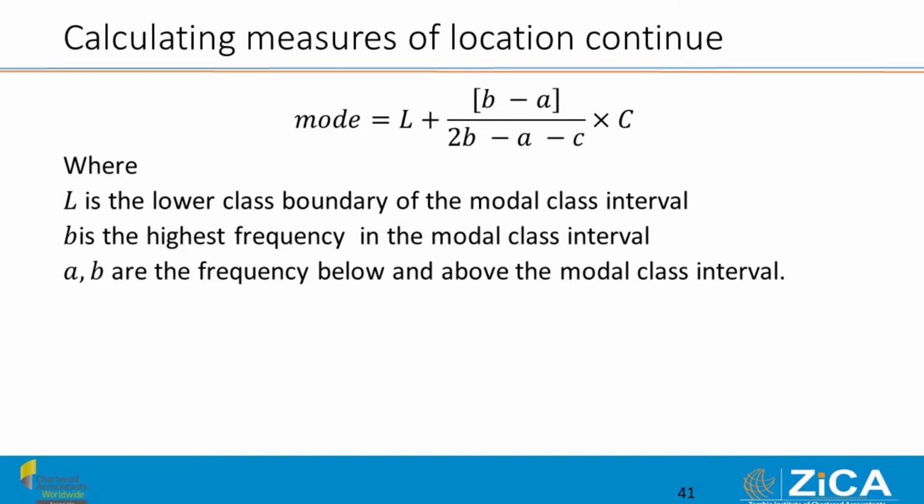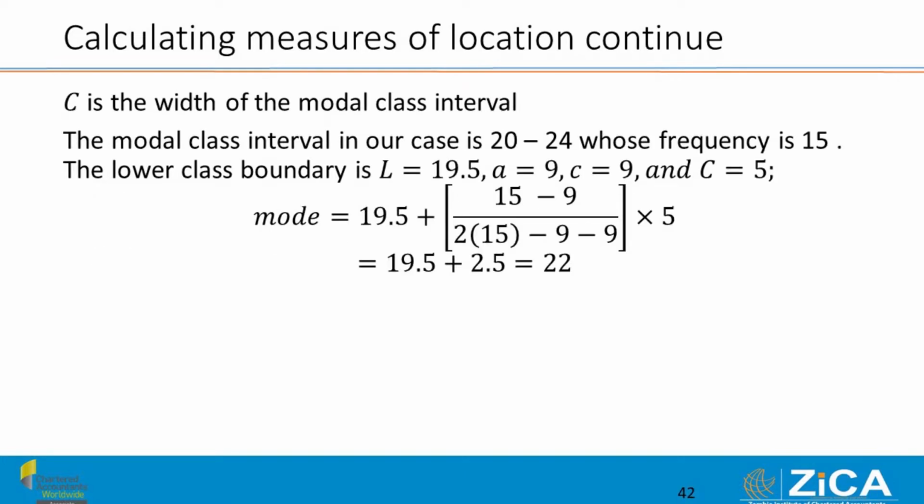Now, from our question, we have got the lower class boundary where the mode lies, because the highest frequency is 15. It lies where we are at the 20, okay? So you subtract 0.5 to get 19.5 as the lower class boundary.